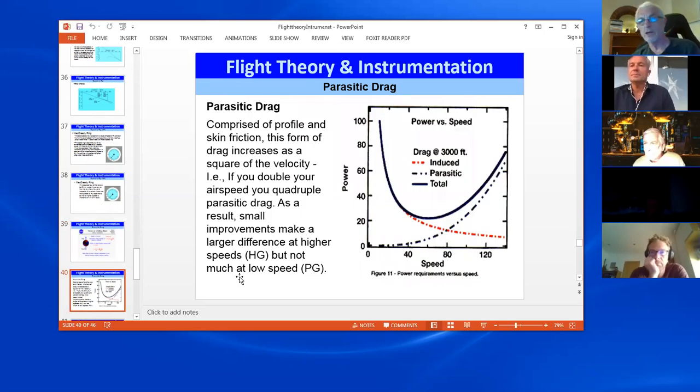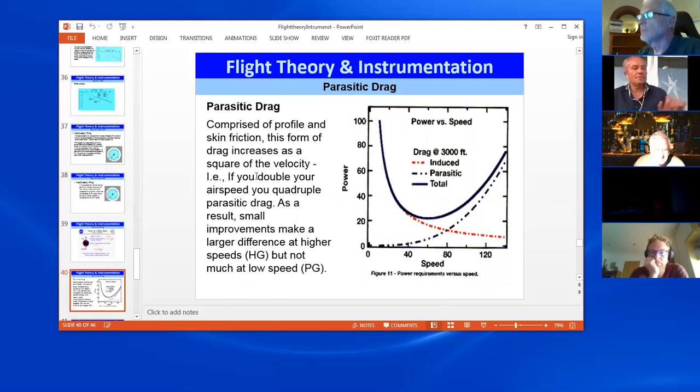There are two types of drag that you'll run into. The first is parasitic. Parasitic drag is due to skin friction, the shape of your body, the lines, basically anything that's blocking the airflow.